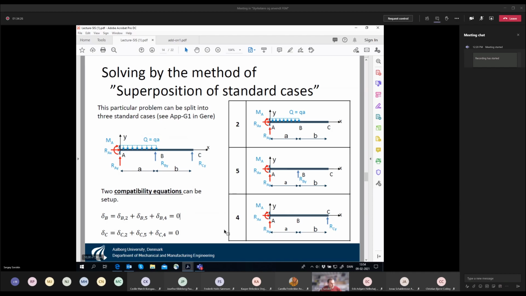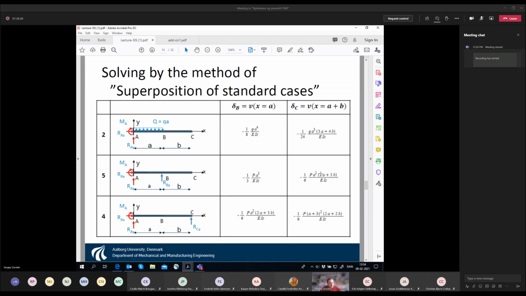And in this formula, also this one, here with RB and here with RC. Make sense? I hope it does.